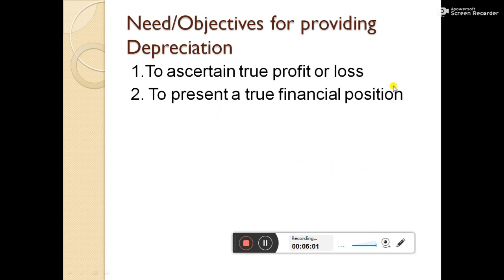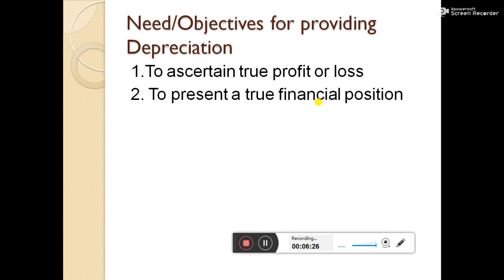Basically, these 2 points are explaining that whatever asset is used for the business, a certain amount of depreciation has to be taken out, that is an expense, and that expense will be debited to the profit and loss account, and whatever is debited, the amount will be deducted from the asset.